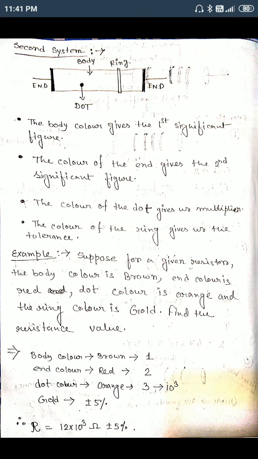For example, suppose in a given resistor the body color is brown, brown means 1, end color is red, red means 2, dot color is orange, orange means 3, so multiplied by 10 to the power 3. So the value is 12 into 10 to the power 3 ohm, and the ring is gold, gold means plus minus 5%. So 12 into 10 to the power 3 ohm plus minus 5%.